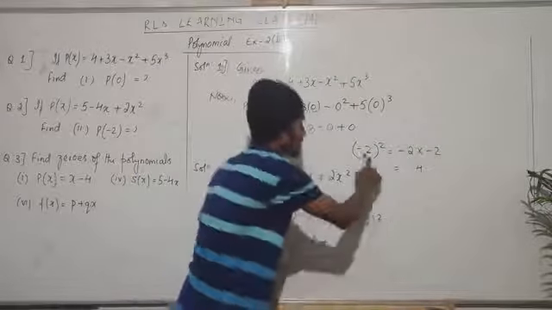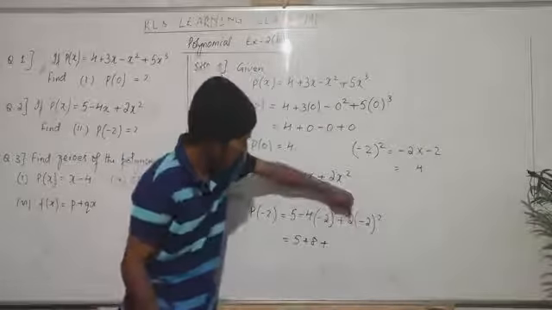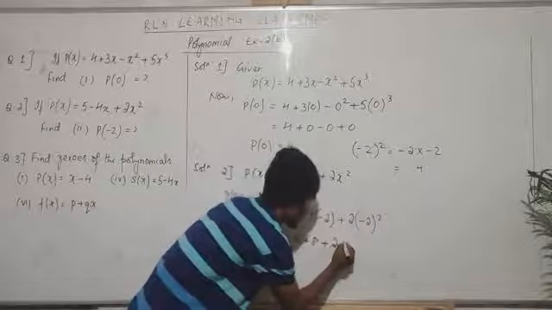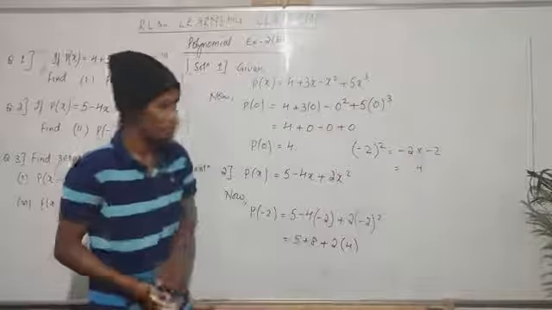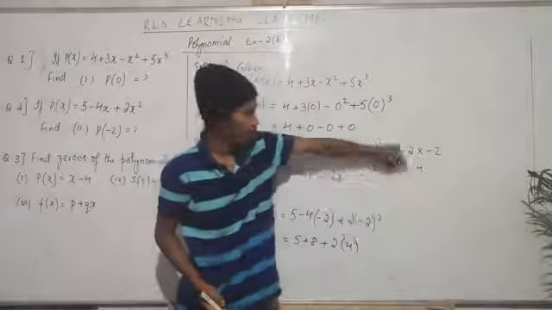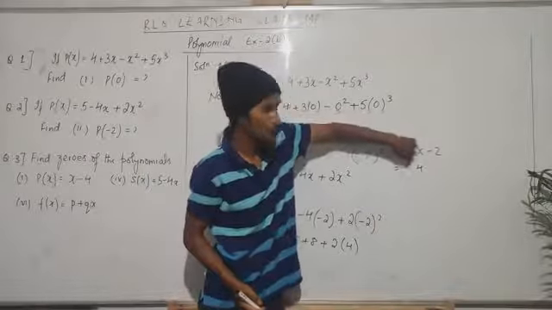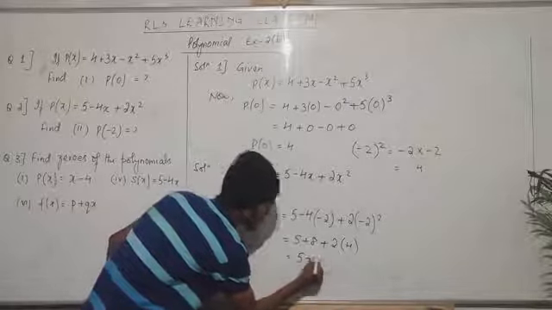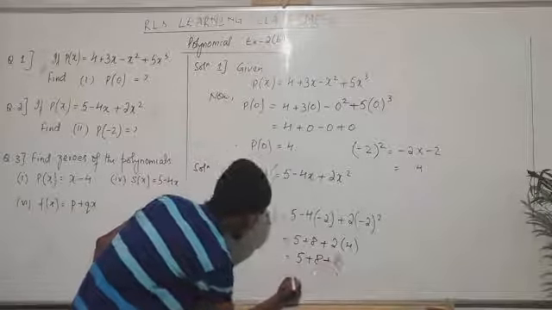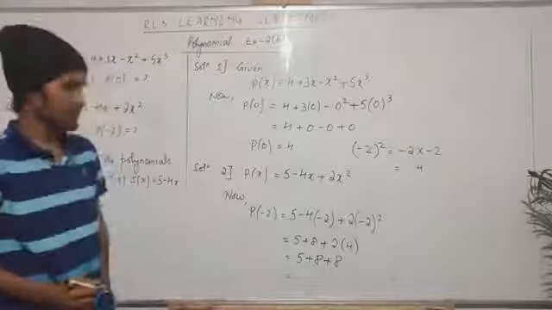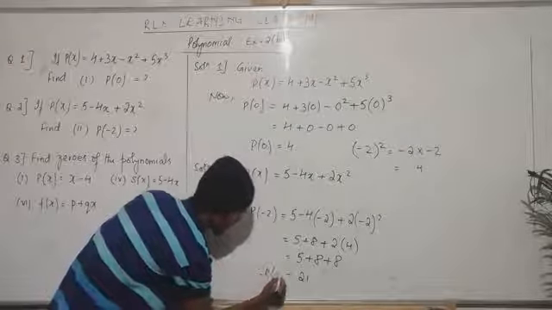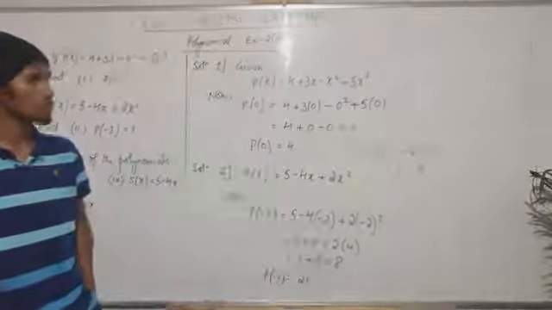Then 2 squared is 4, so I'll put 4 here so that you don't get confused. 2 into 2 is 4. At last we got 5 plus 8 plus 8, 16 plus 5 will be 21. So P of minus 2 is equal to 21.